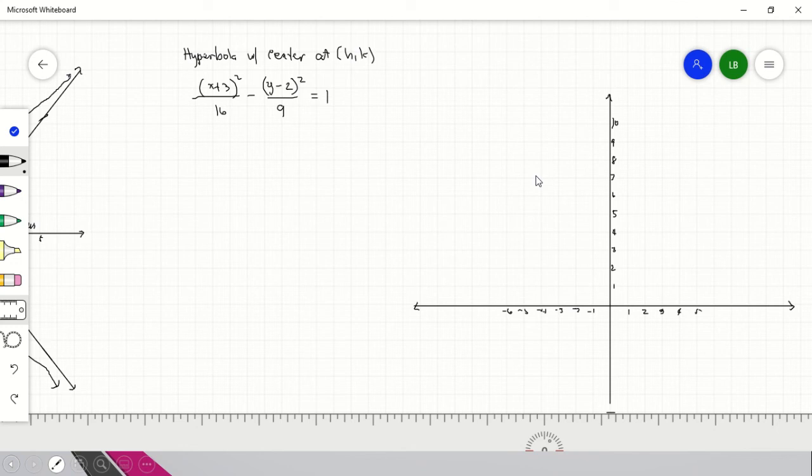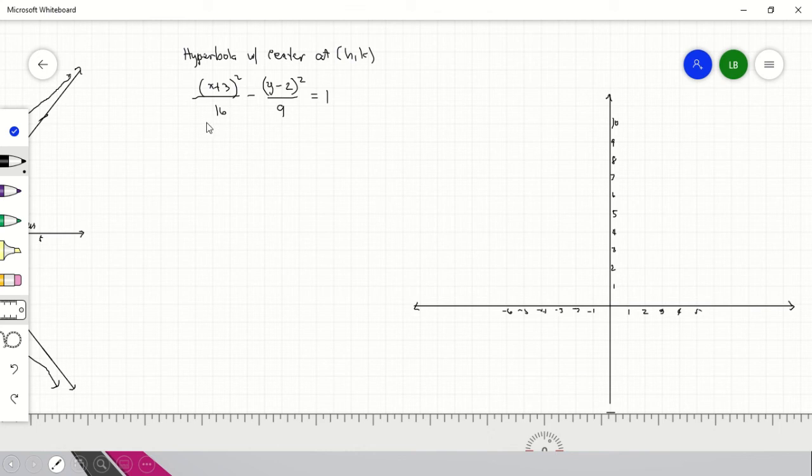So, example natin, (x plus 3) squared over 16 minus (y minus 2) squared over 9 equals 1. So, makikita natin ang positive na squared variable ay x. So, alam natin na ang hyperbola natin ay opens to the left and to the right, and the transverse axis natin ay parallel to the x-axis.